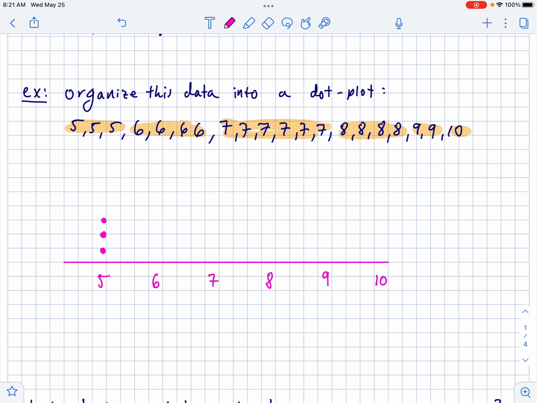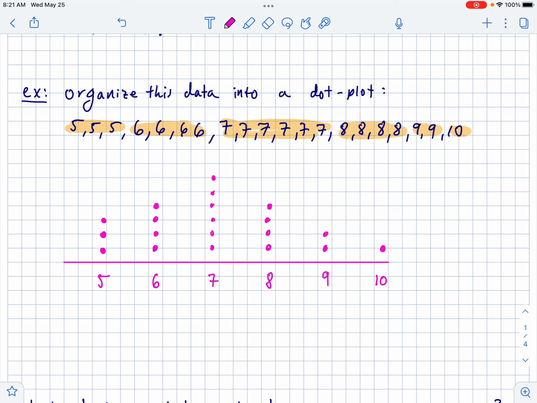So there were 3 5s, 4 6s, 6 7s, 4 8s, 2 9s, and a 10.